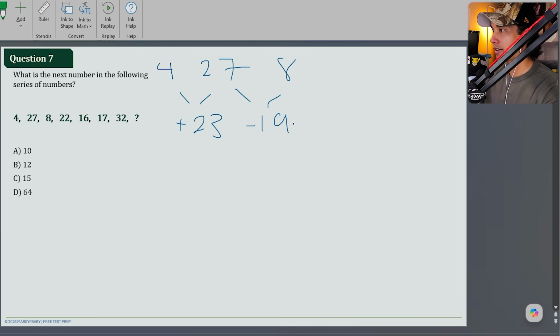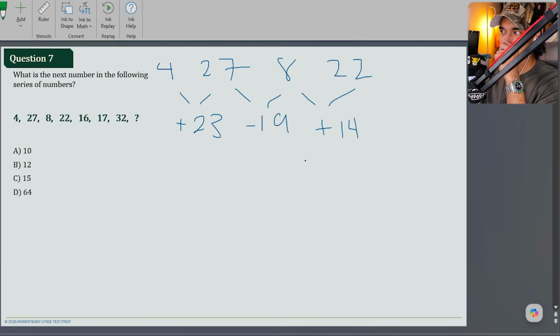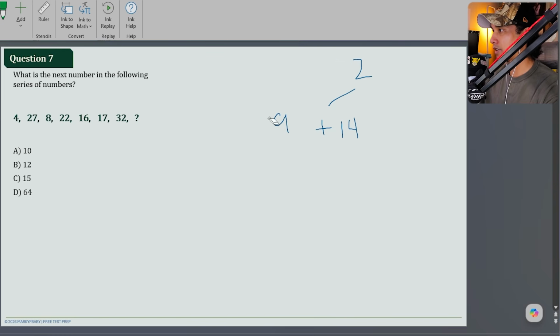Well, there's no pattern, no apparent pattern. Okay, let me go on to the next term. Okay, next number. 8 to 22. What's going on here? Well, that's plus 14. Again, I don't see an apparent pattern. I would already stop here. Okay, because that's not it. There's nothing going on. All right.